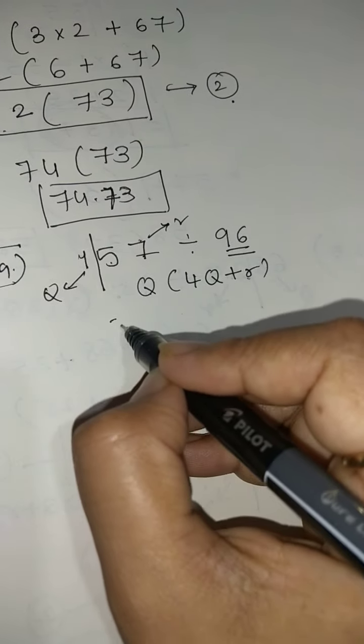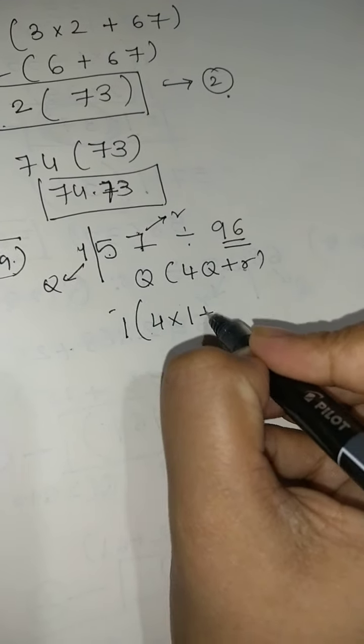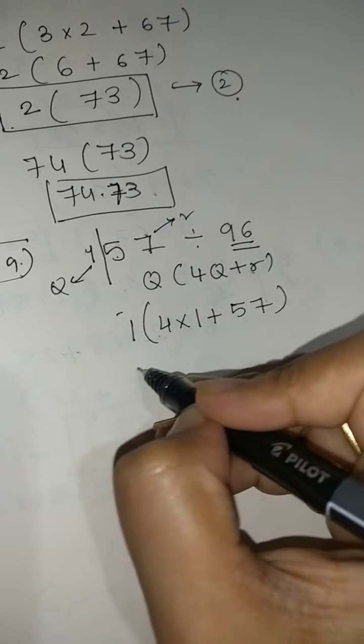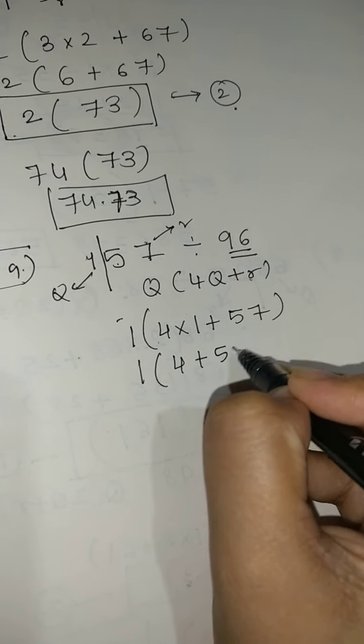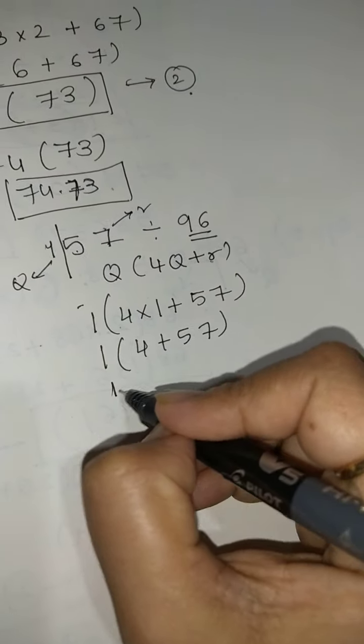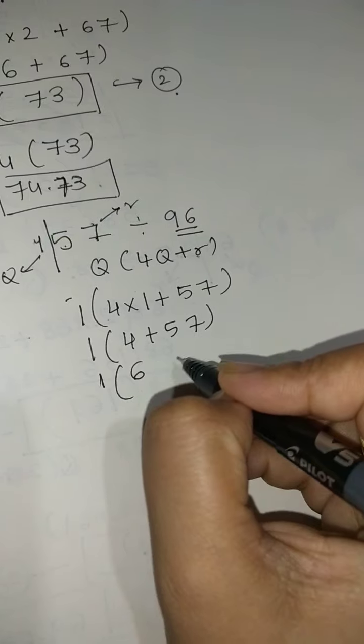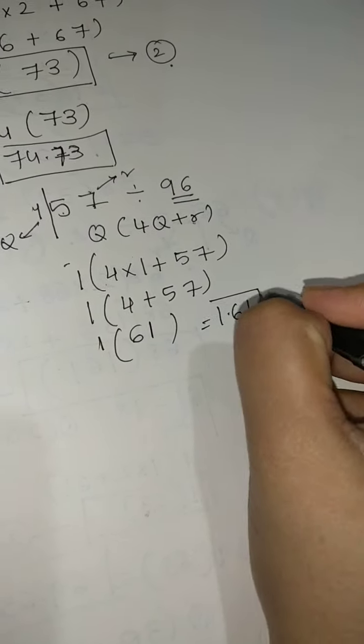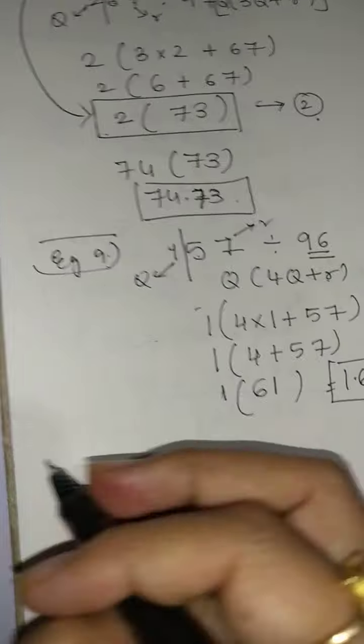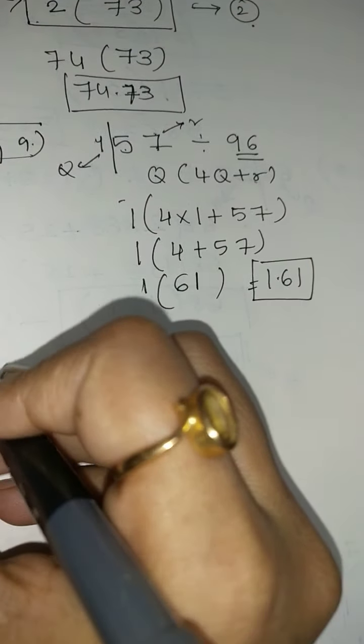So q is 1, 4 into 1 plus 57. 1, 4 plus 57. That becomes 1, 61. So your answer is 1.61.